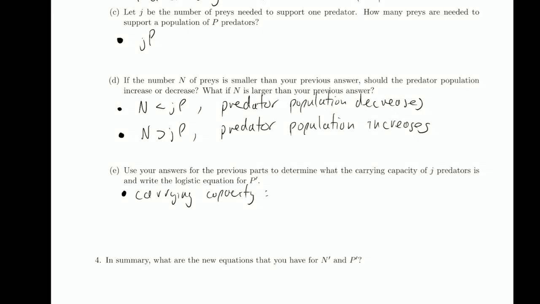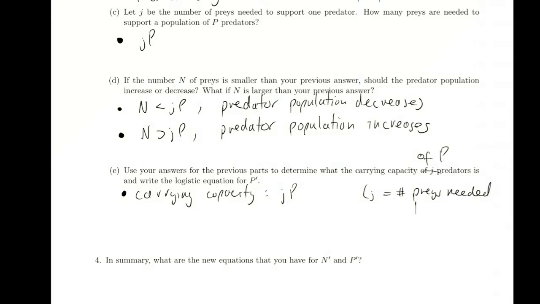So why don't we say, what's the carrying capacity of p predators? Then we can just say this will be equal to j times p, where j is the constant as in part C. And now everything's more consistent.